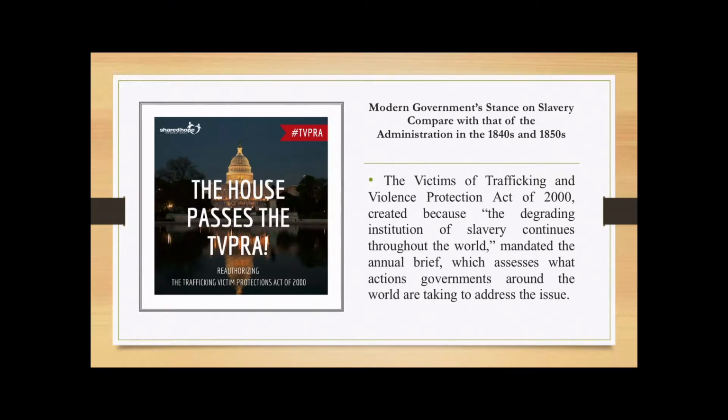The TVPA criminalizes and enhances the penalties for human trafficking, provides social services and legal benefits, including visas to some trafficking victims, provides millions of dollars in funding to support programs for trafficking victims domestically and abroad, and includes provisions to monitor and eliminate trafficking internationally.